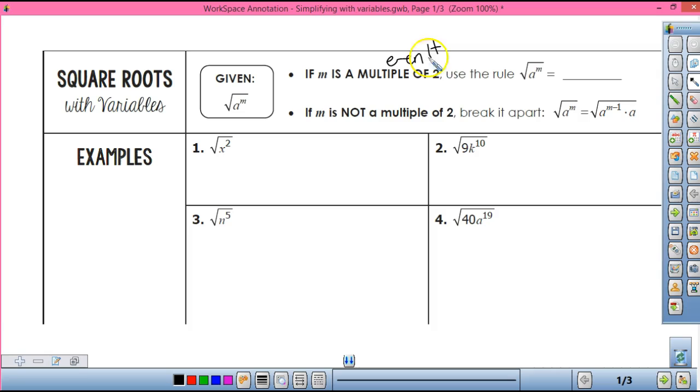So if our exponent underneath the square root sign is an even number, all we're going to do is take it out from underneath that square root sign and divide my exponent by 2.